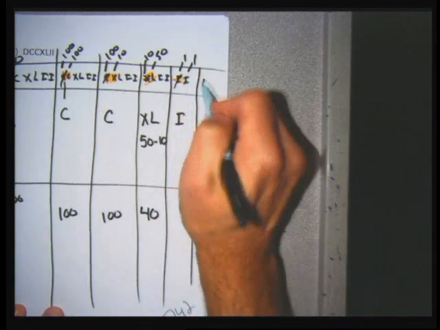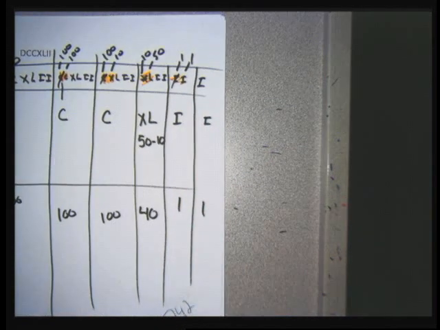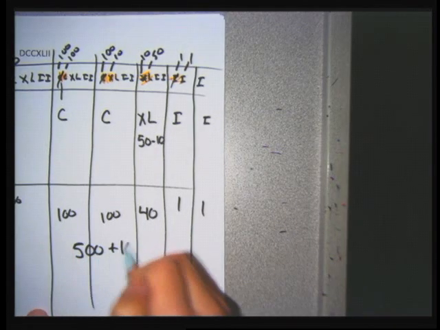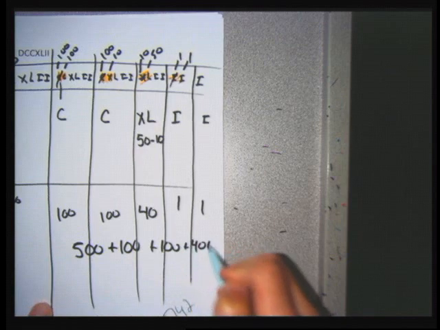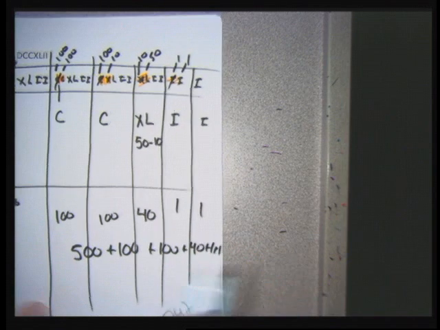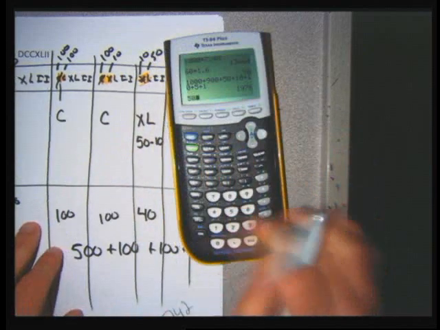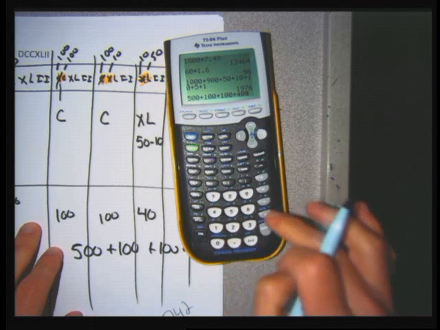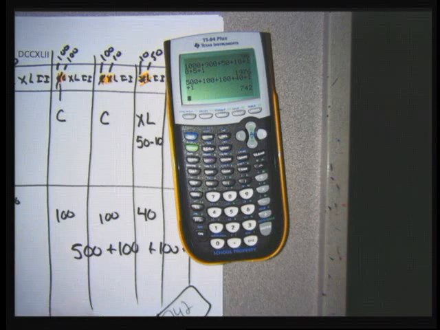Remove it. I have just a single I left. Bring it down, write its value, and now I'm going to add these up. 500 plus 100 plus 100 plus 40 plus 1 plus 1, and you get an answer of 742.